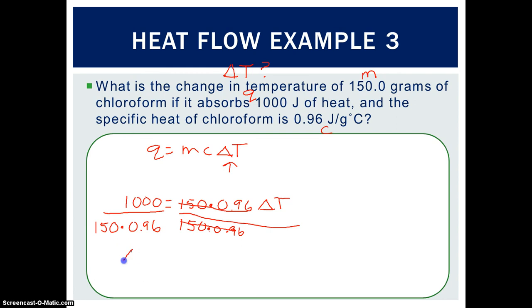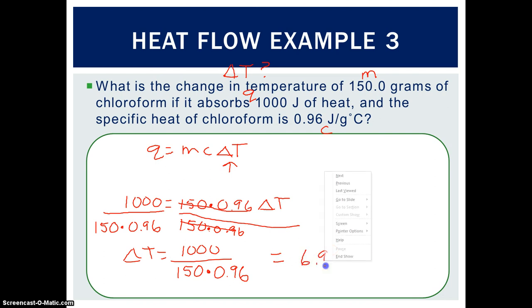So delta T equals 1,000 divided by 150 times 0.96. If I plug all of that in, I end up with 6.94 degrees Celsius.